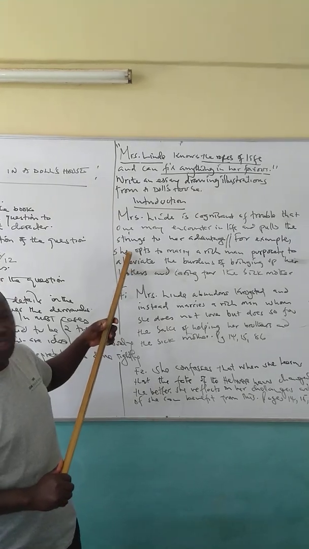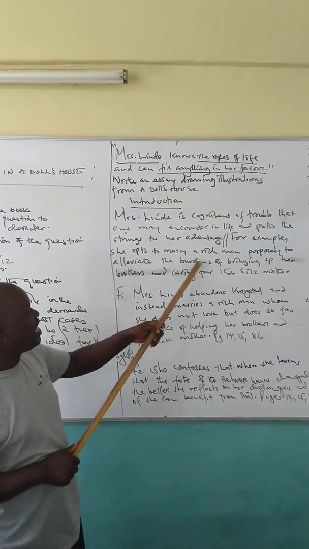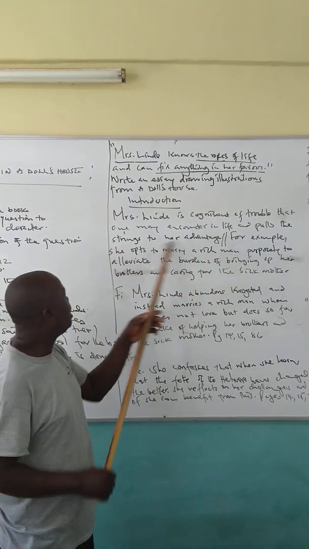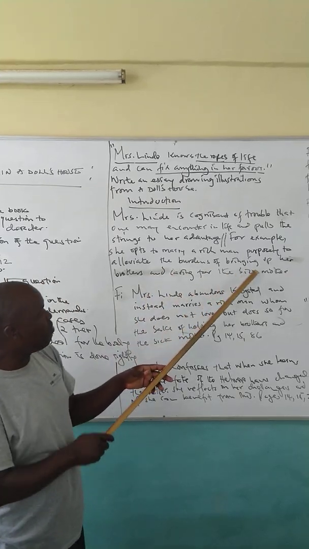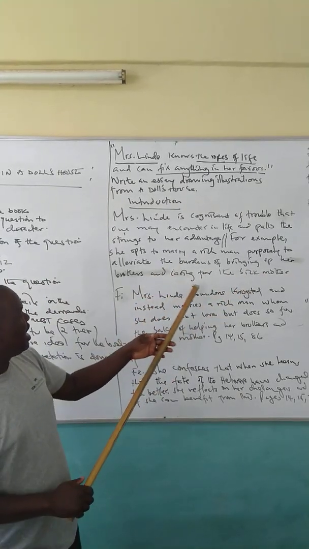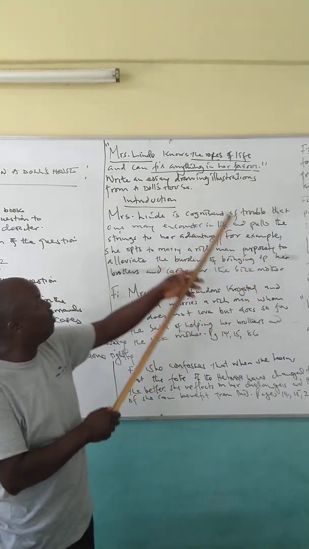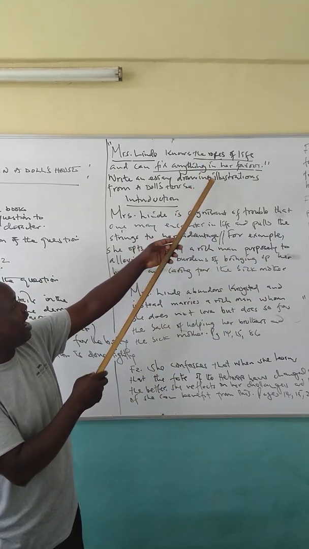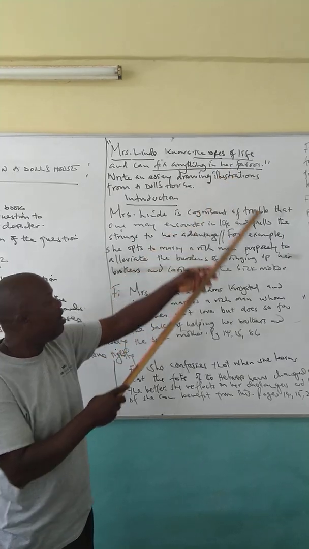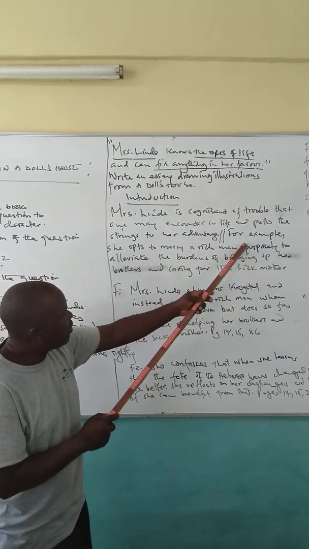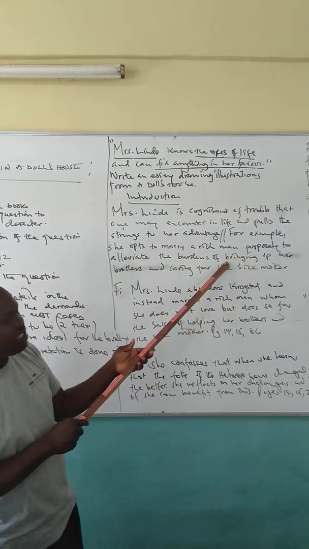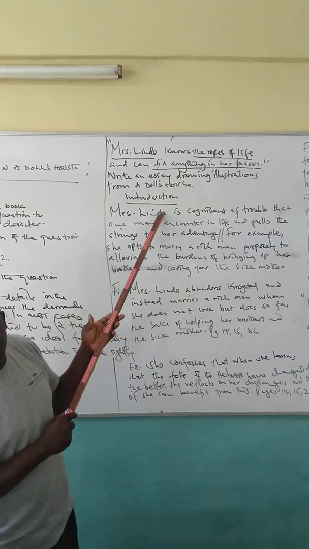We are now going to the book. "She opts to marry a rich man, purposely to alleviate the burdens of bringing up her brothers and caring for the sick mother." So we have seen one aspect of the challenge and the aspect of how she fixes it. And therefore, this second sentence superimposes the first one.